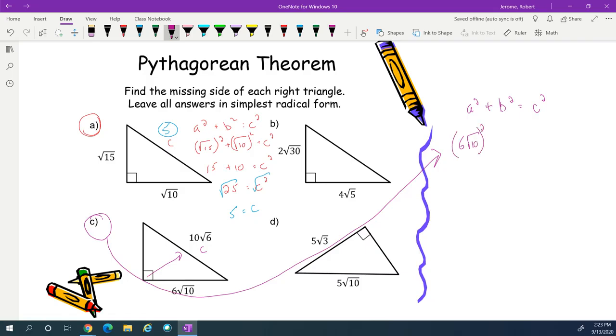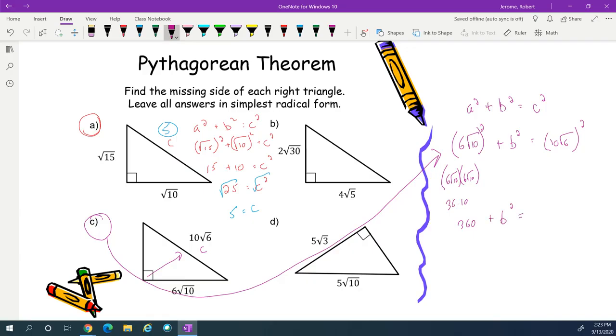We're squaring the entire thing, plus B squared. And that equals 10 square root 6 squared. 6 square root of 10 squared. So remember, this is 6 root 10 times 6 root 10, which is 36 times 10, or 360.